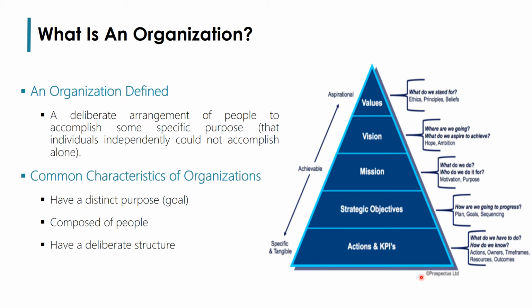KPI stands for key performance indicators. So these are the sub-objectives of different departments, to make it clearer for you. So an organization goes from a very high-order idea, value, and vision up to a very detailed, specific action plan and key performance indicator so that finally its objective is attained.